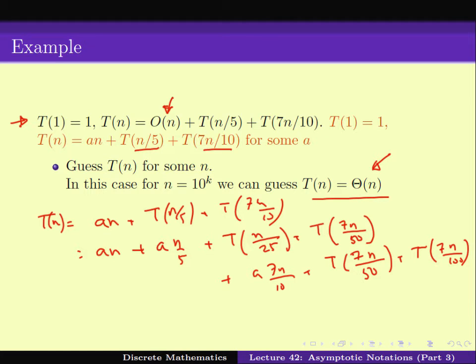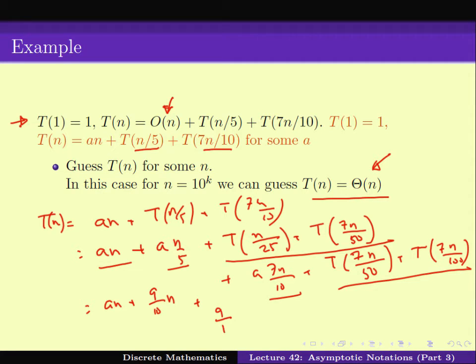Now the point to note is that by adding these, I will get an plus 9 by 10 n plus something which are these terms. If you expand it once more, you will see I am getting a term like 9n by 10 whole square, plus something, after you expand it the second time.